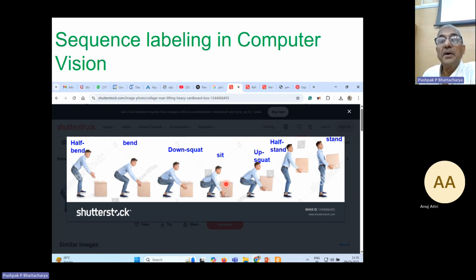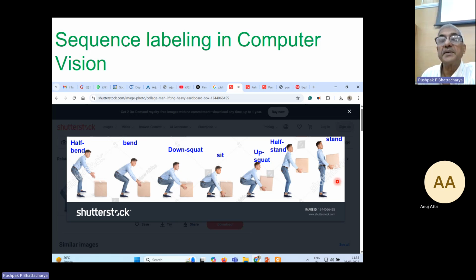And the probability of going directly from sit to half stand, holding the box, is possible, but probably with less probability. Okay, so we are getting a sense of transition from one state to another. Okay, and at every state, the observation is the person's posture.